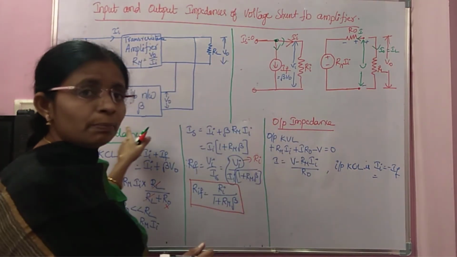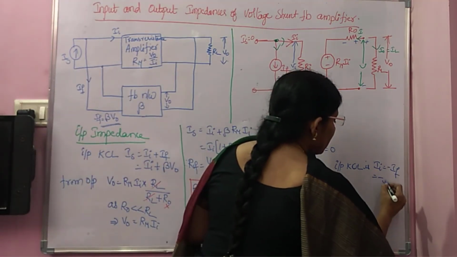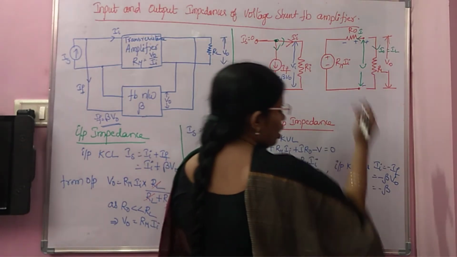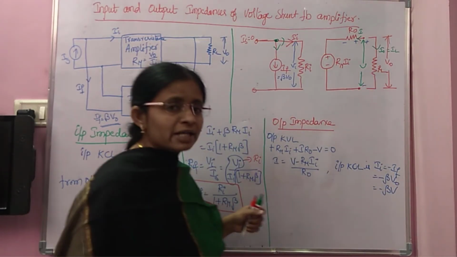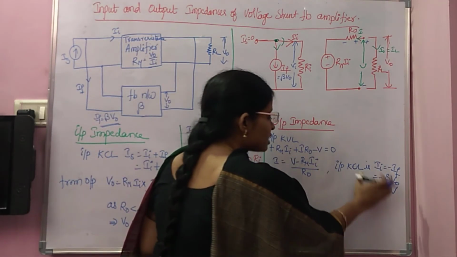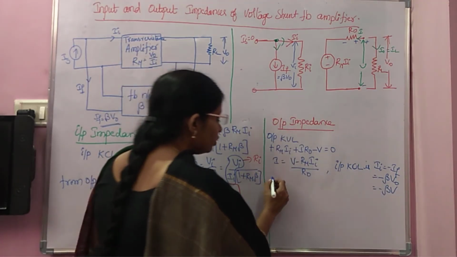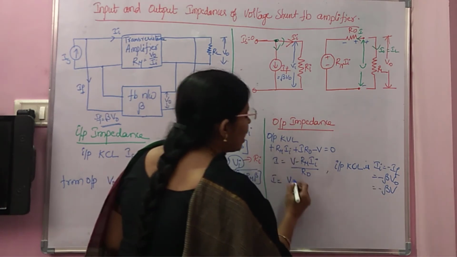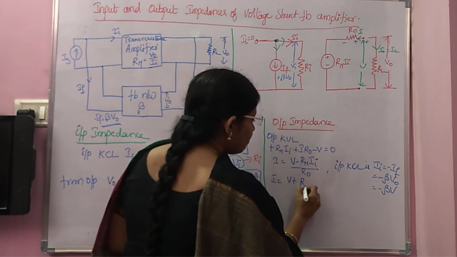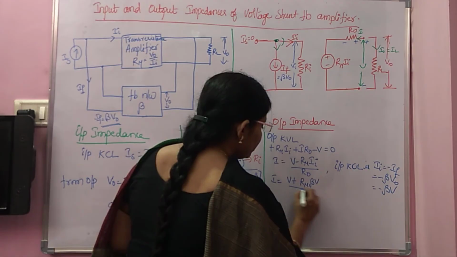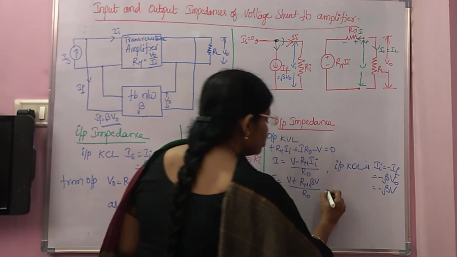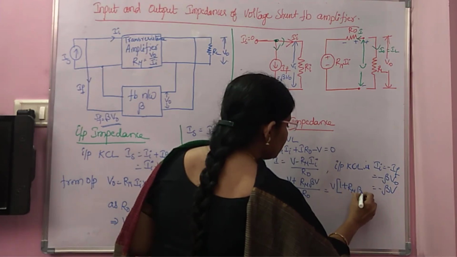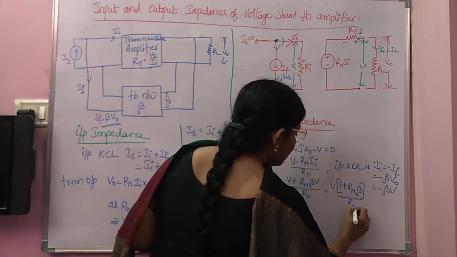If is equal to beta V naught, and as V naught and V are the same, minus If is simply minus beta V. Substitute this Ii in the expression: I is equal to V, and this minus becomes plus Rm into beta V divided by R naught. Take V common: 1 plus Rm beta divided by R naught.